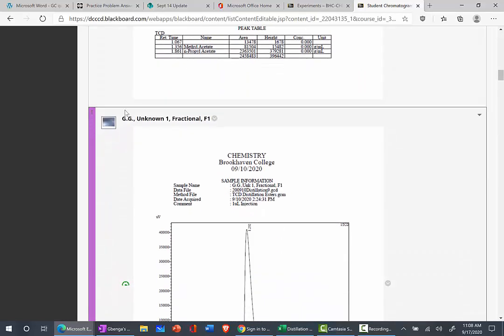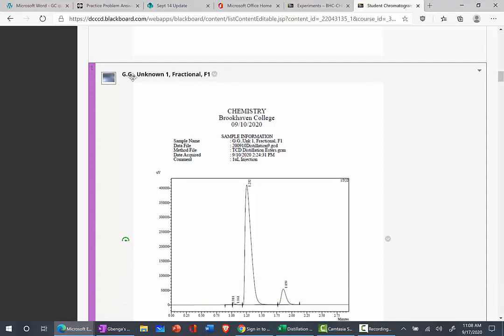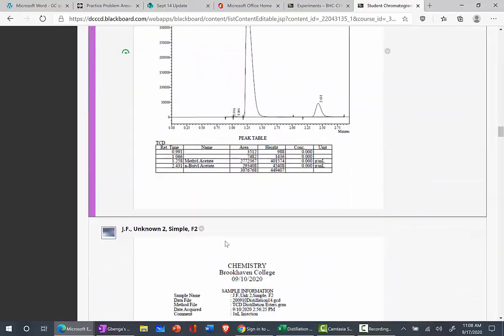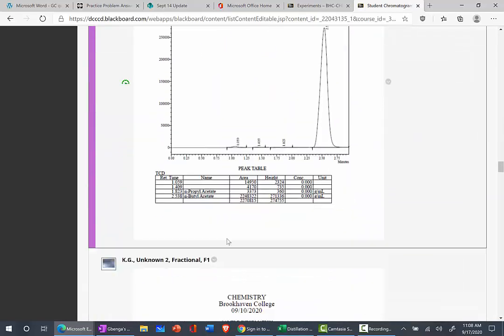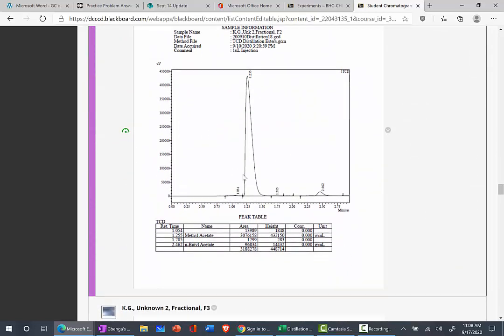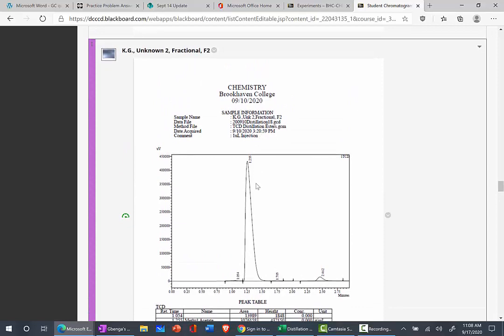And then we have another student with initial GG, also working on unknown number 1, which means GG and II are actually partners. This is fraction number 1 for GG, and so on. If you scroll down, you should be able to find your own chromatograms.